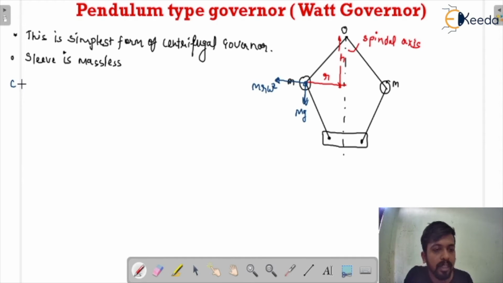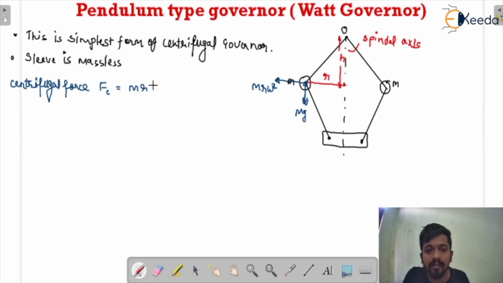However, you all know what the centrifugal force is. It is denoted as Fc, and Fc is equal to m r omega square, where m is the mass of the fly balls, r is the radius of the governor, and omega is the angular velocity of the governor.